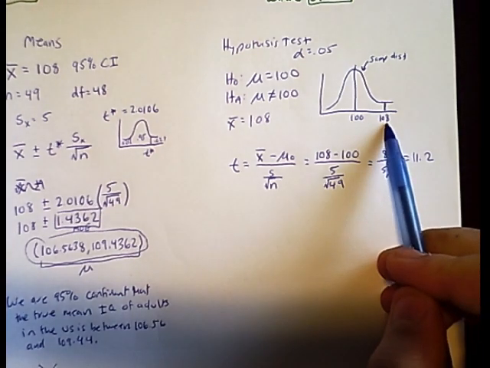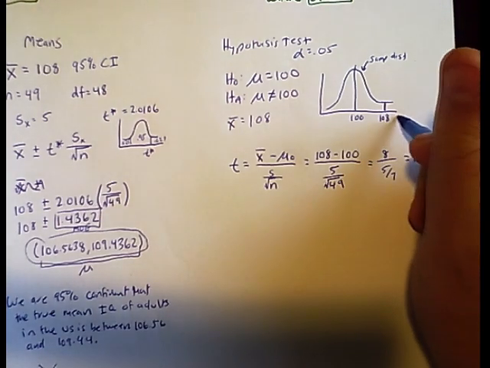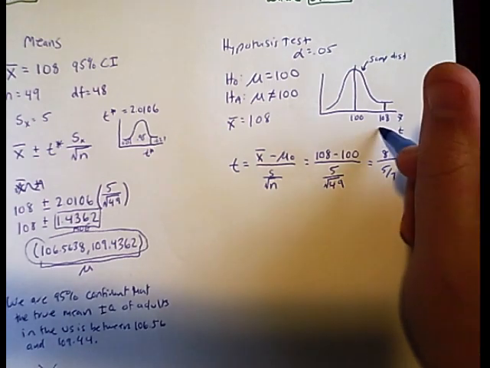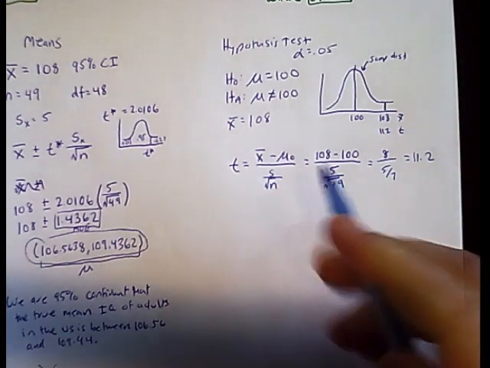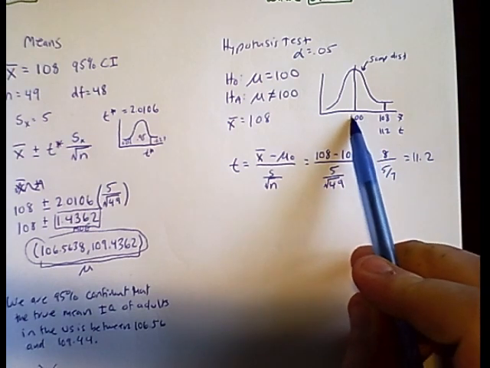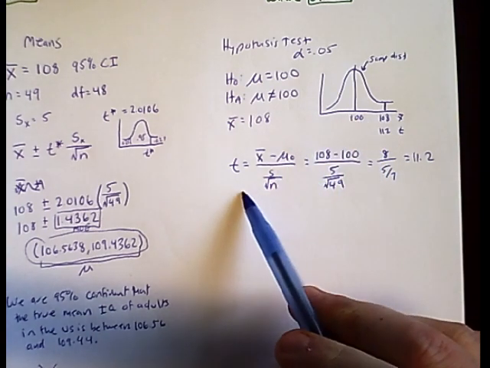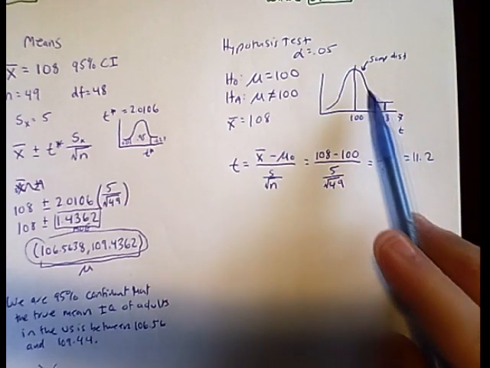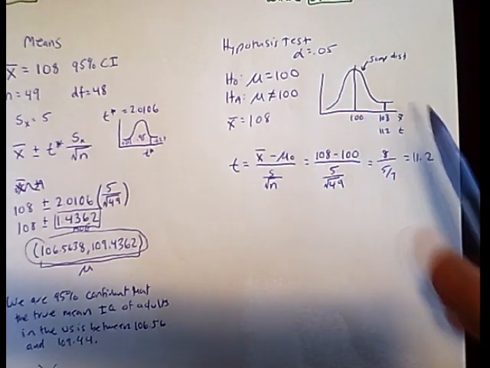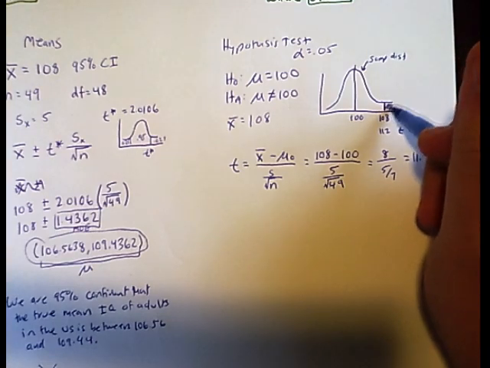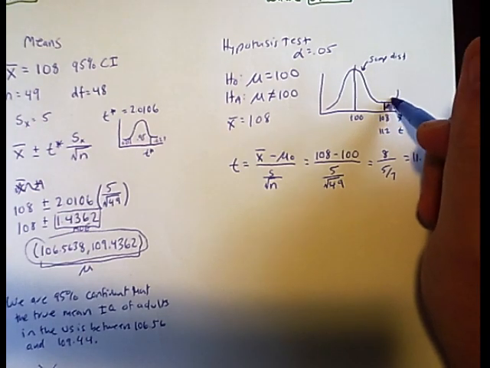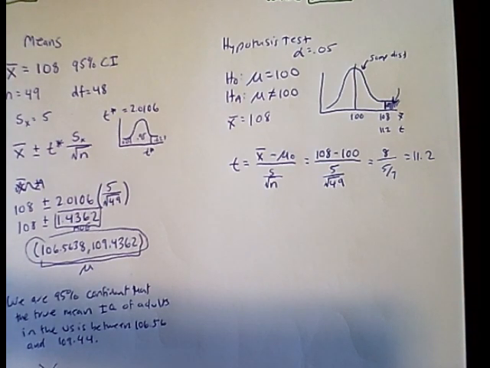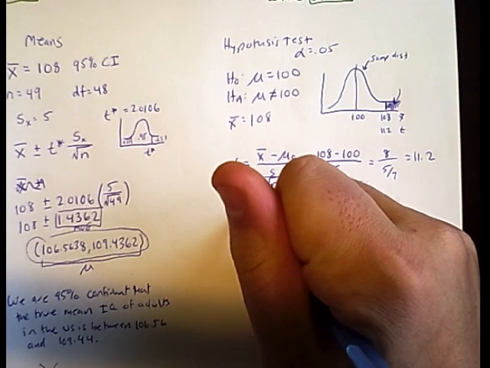So 108, remember that's an x-bar. The t-value associated with that is 11.2. So if this really was the true mean, we would observe a sample mean that's 11.2 standard deviations above the center. So when you actually figure out what the p-value is, what the probability of that is, I would hope you would think that that would be relatively low, since it's 11 standard deviations above.